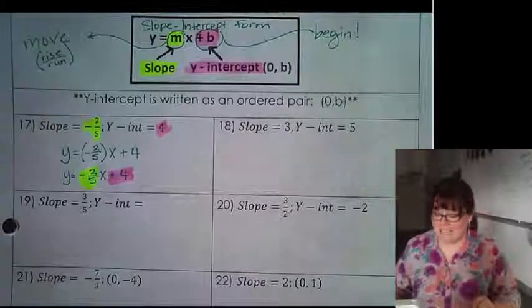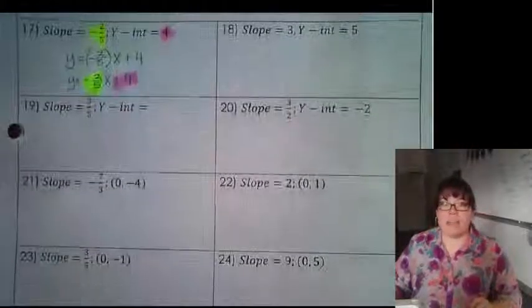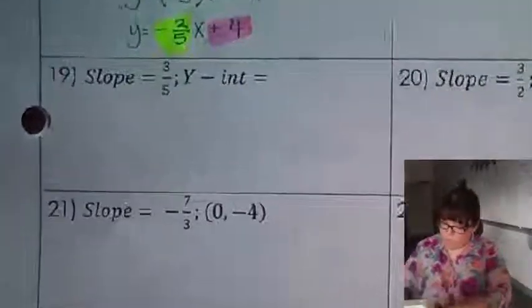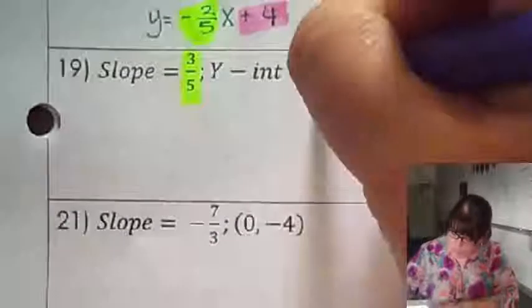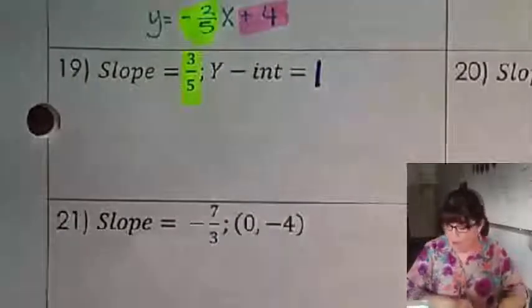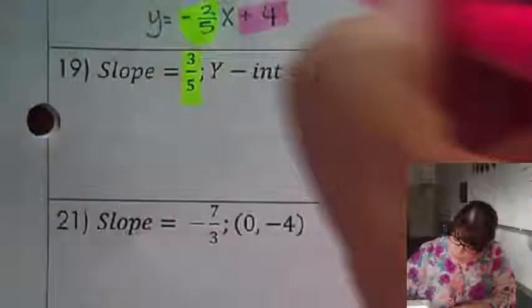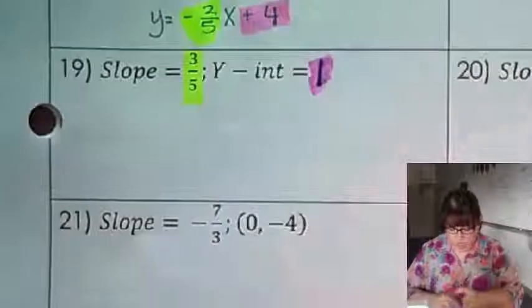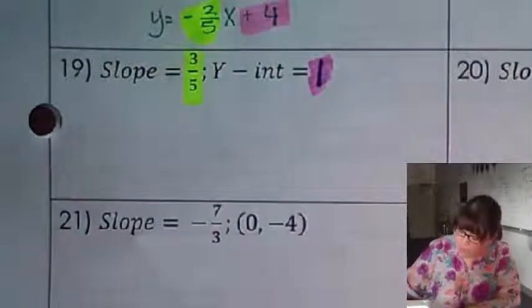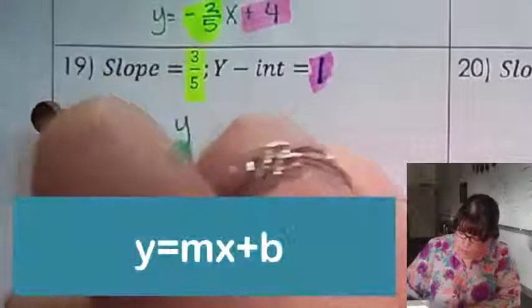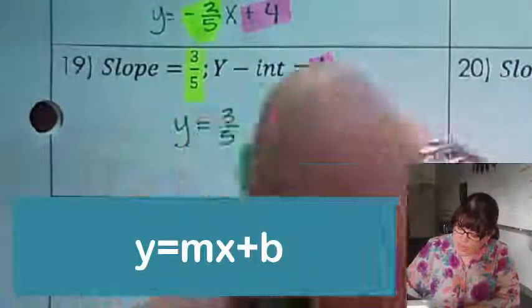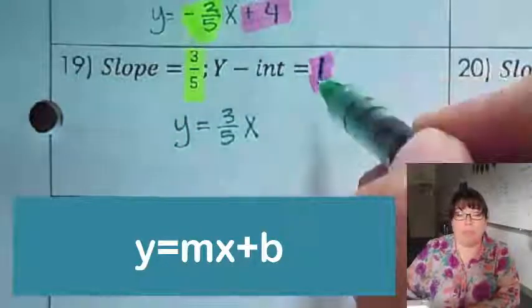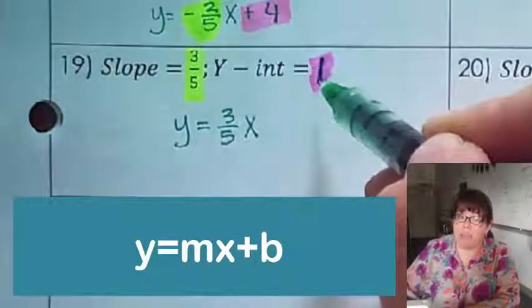Number 19. So number 19, we have our slope is 3/5. So our y-intercept, this should say 1. Just a bit of a typo there. Sorry about that. Y-intercept is 1. So let's write our equation. We should have y equals our slope, 3/5 times x, and then our b value, which in this case is a positive 1.